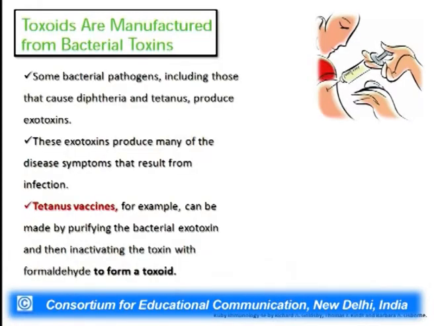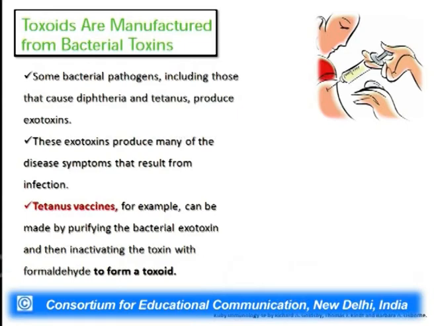Now, the toxoids are manufactured from bacterial toxins. Some bacterial pathogens, for example diphtheria and tetanus, produce certain exotoxins. These exotoxins are actually responsible for the disease symptoms. Now, the tetanus vaccine, for example, can be made by purifying the bacterial exotoxin and then inactivating the toxin with formaldehyde.